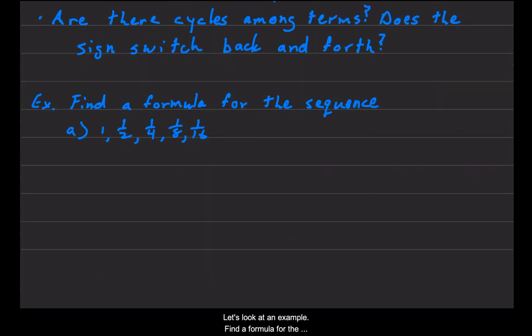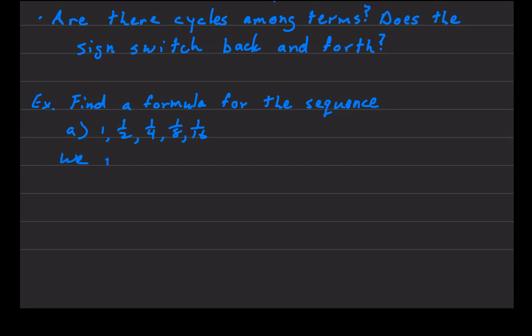Let's look at an example. Find a formula for the sequence 1, 1/2, 1/4, 1/8, 1/16. When we look at this, we can see that it's steadily getting smaller every time, and by a very specific amount. When we look at the denominator, it looks like it's 2 raised to a separate power on every iteration.